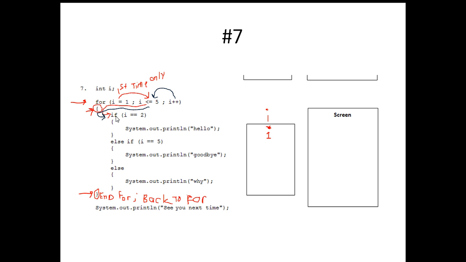The first line of the if statement asks, I, which is 1, is 1 equal to 2? Well, it's not. That's false. So since it's false, we are not going to do the if portion. Then the compiler goes and checks out the else-if section. Else-if says, is 1 equal to 5?